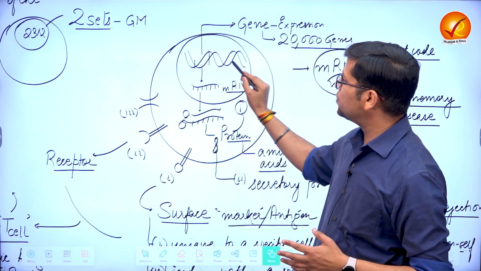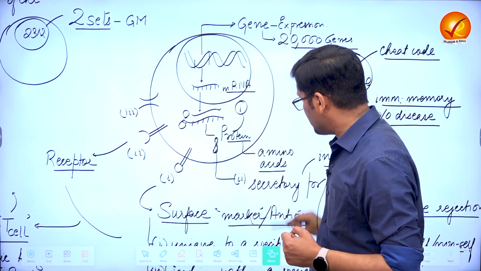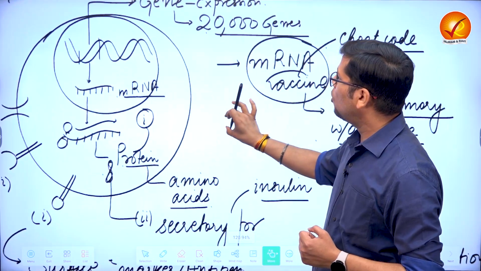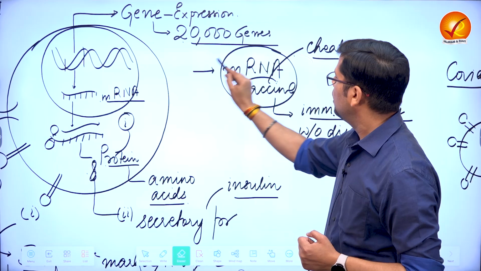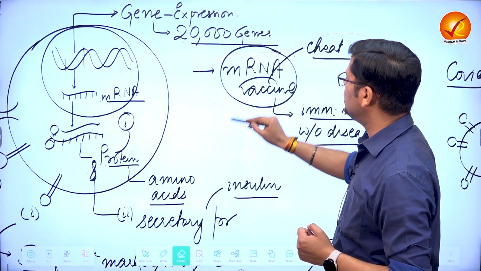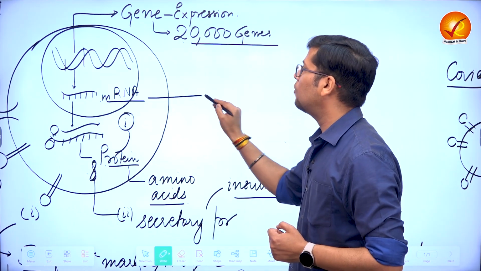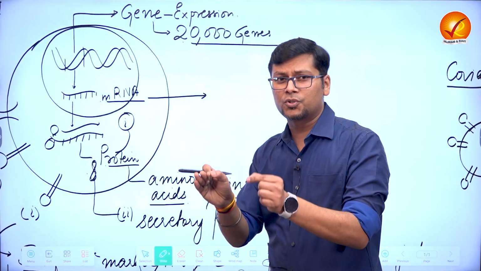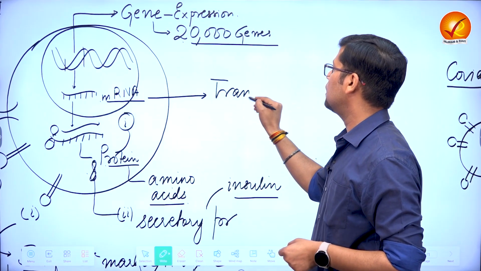All the genes which are expressing are producing RNA. Just as the sum total of all the genetic material is called the genome, the sum total of all the RNAs produced within a cell is called the transcriptome.